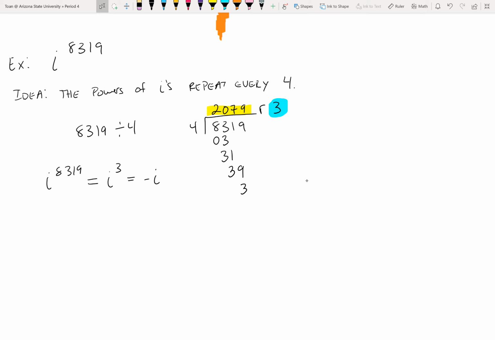However, 83 is not a multiple of 4, though. But that shouldn't matter because you know 100 is bound to be a multiple of 4, so you just need to pay attention to the last 2. Oh, I see what you're saying. If you strip off 8,300, you only look at the 19. Yes. Yeah, that would work, always. Okay. Good observation.